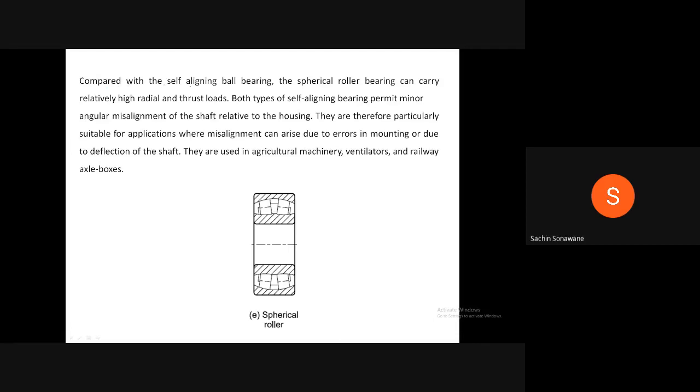Compared with the self-aligning ball bearing, the spherical roller bearing can carry relatively high radial and thrust loads. Both types of self-aligning bearing permit minor angular misalignment of the shaft relative to the housing. They are therefore particularly suitable for applications where misalignment can arise due to errors in mounting or due to deflection of the shaft. They are used in agricultural machinery, ventilators, and railway axle boxes.